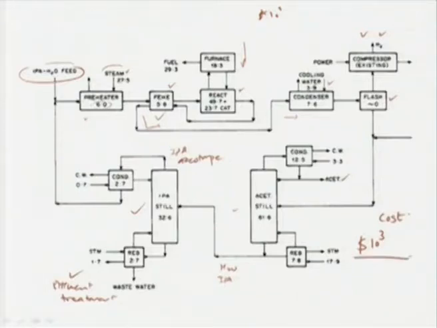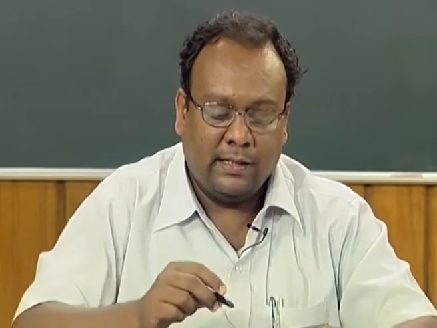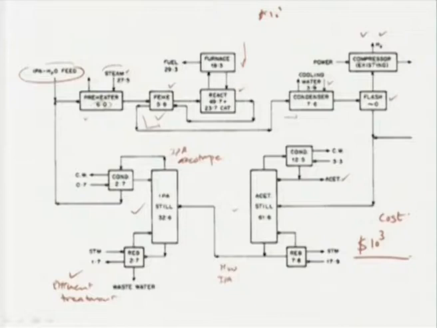All these numbers are in $1,000. So for the preheater, the number 6 indicates that the annualized capital cost of the preheater is $6,000. The annual requirement of steam for this particular preheater costs $27,500, and so on and so forth.